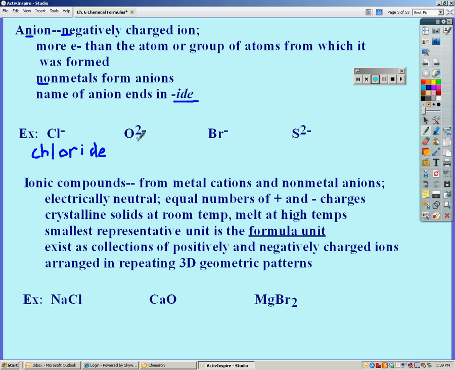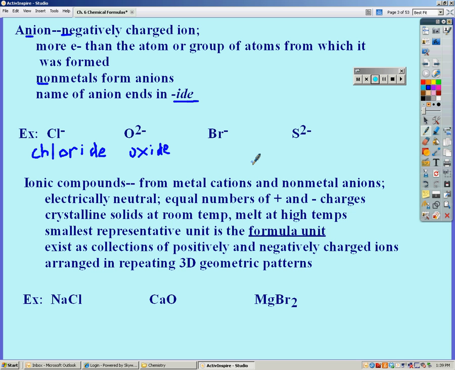Then O2- would not be oxygen anymore, it would be oxide. And bromide and sulfide.